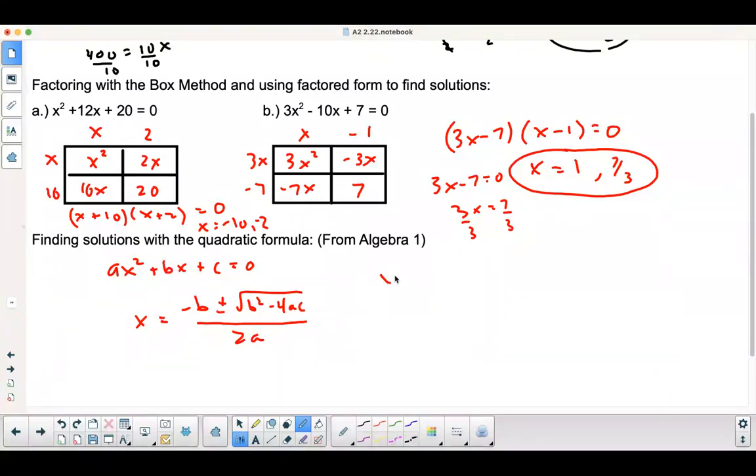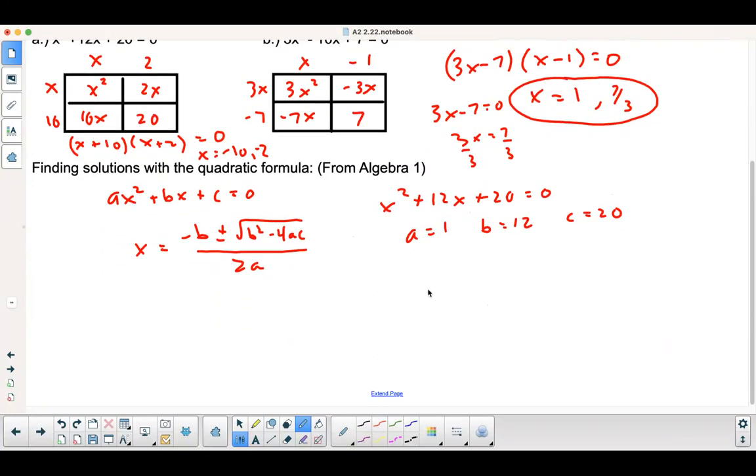I'm going to take x squared plus 12x plus 20 equals 0. I'm going to identify a, b, c, and I'm going to say negative b plus or minus the square root of b squared minus 4 times 1 times 20, all over 2 times 1.